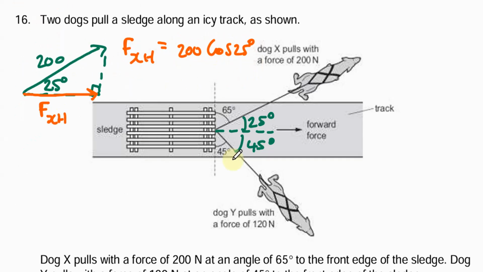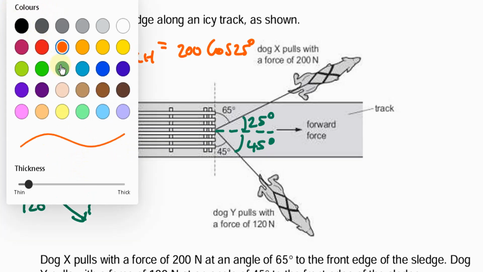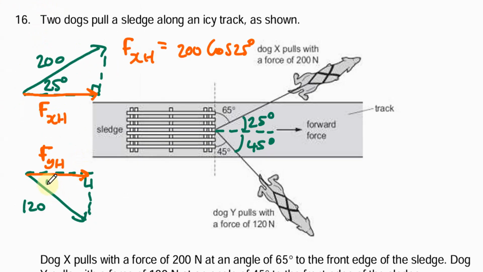Let's do the same for Y. So dog Y exerts a force of 120 newtons. We want to find the horizontal component. So this will be the horizontal component, and we can call it Fyh. Of course, we know this angle here is 45 degrees.